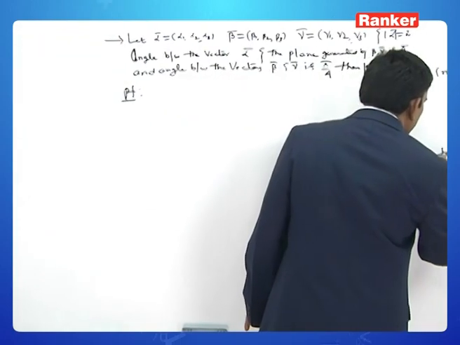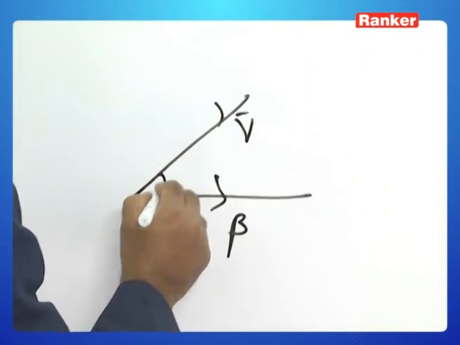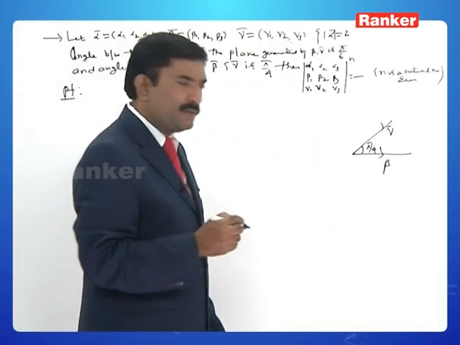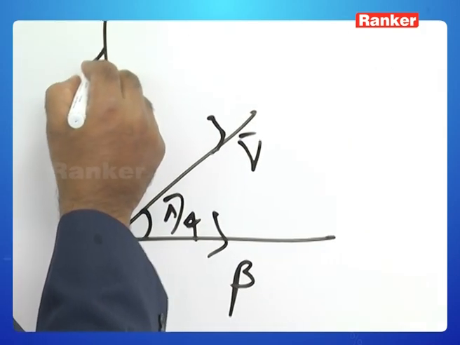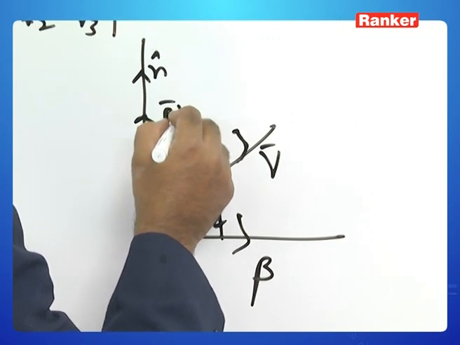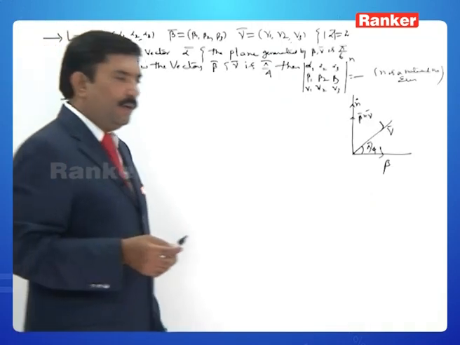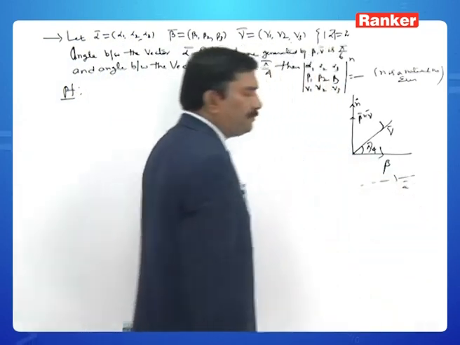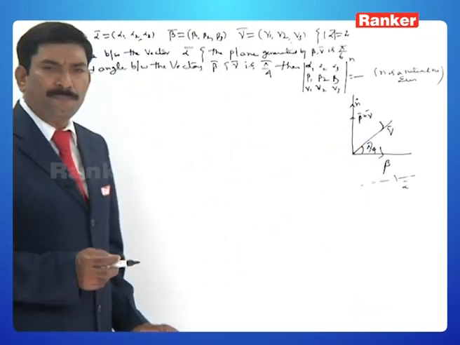Now let us take, this is beta bar, this is gamma bar, and angle between them is what? Pi by 4. Now if I take this vector n cap, this is nothing but beta bar cross gamma bar. If you want, you can take this vector alpha bar somewhere, or else here also, it makes no difference.